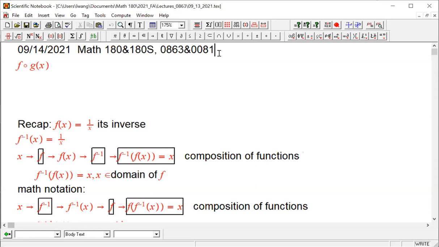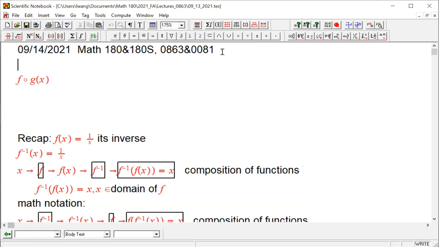So that's a total of 11 functions so far. Do you have those 11 functions with you? You should have the basic table in front of you.